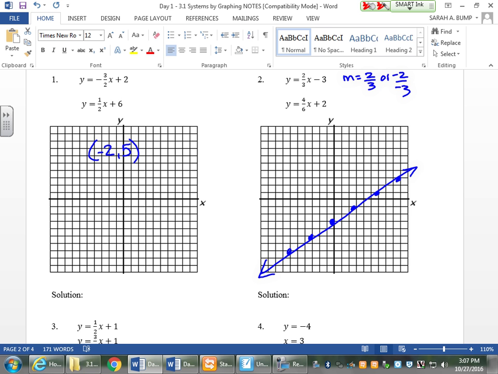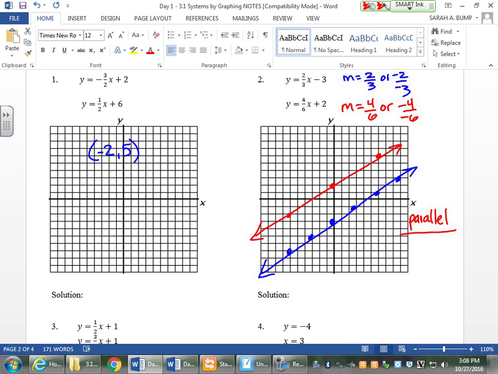Second graph, slope 4/6, or -4/-6, with a y-intercept of +2 going on the y-axis. And I'm going to go up 4, right 6, or down 4, left 6. Now they never crossed. What kind of lines would you say these are? Hopefully you said parallel.